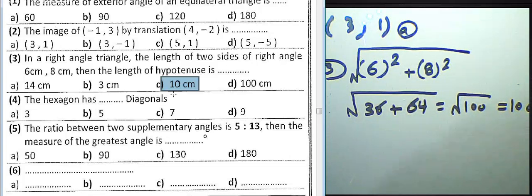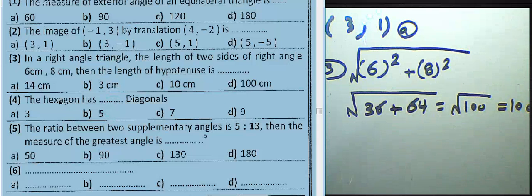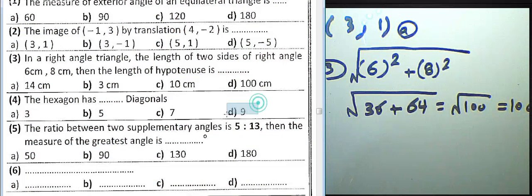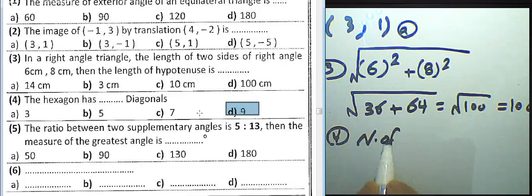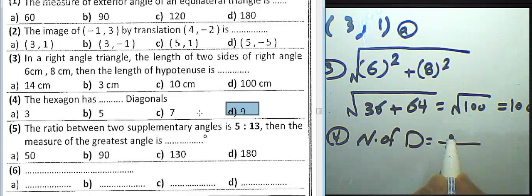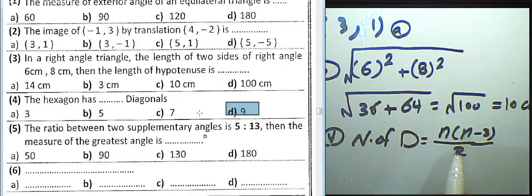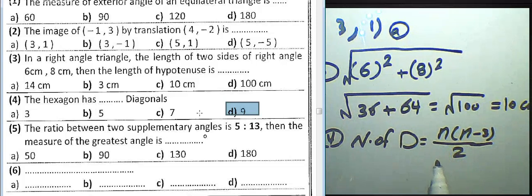Okay, the hexagon has 9 diagonals. We can use the rule to find the number of diagonals: n times (n minus 3) divided by 2, where n is the number of sides.